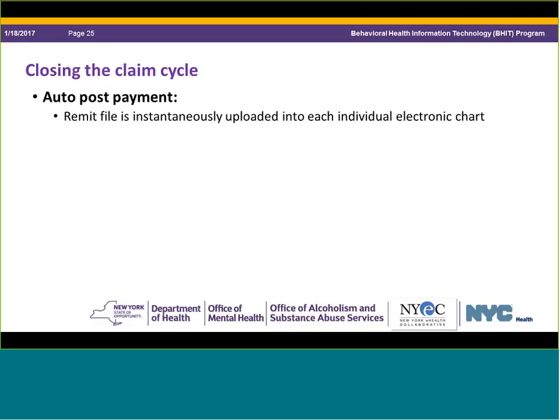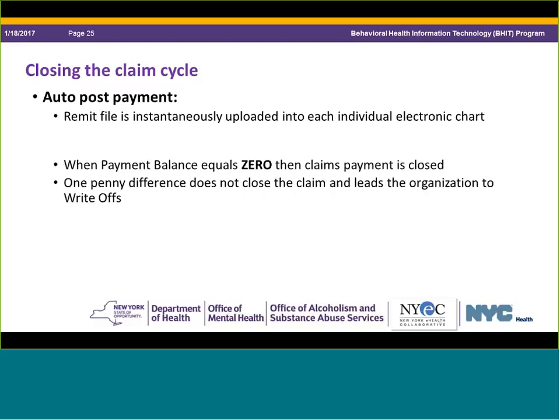Let's continue, Mitch. So what should the balance be after the payment is posted? Well, the balance should equal 0, and that's when the claim gets closed. If there's any balance, even if it's a penny, it remains open. Oh, my goodness. And that will sometimes happen.